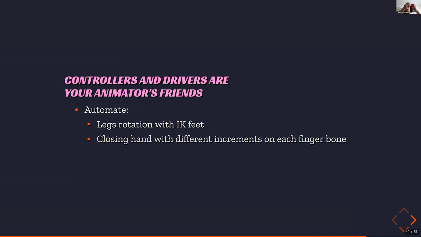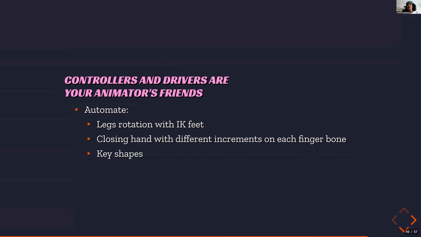And that one doesn't have to be manual. You can have a driver per bone that says, hey, if this controller rotates, then make this bone and this one and this one rotate individually. It takes longer to set up, but it's way easier to animate afterwards.